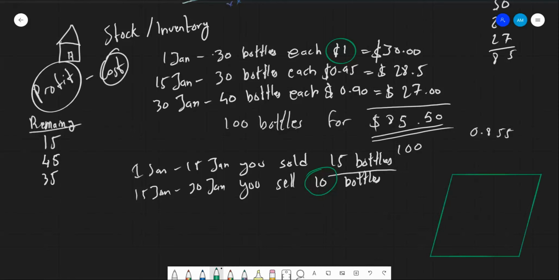Okay, let's say you have a shelf and then you have bottles in there. I don't know how bottles are drawn, so let's make it easier.